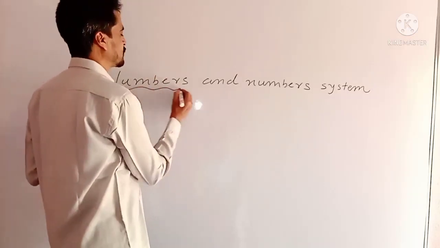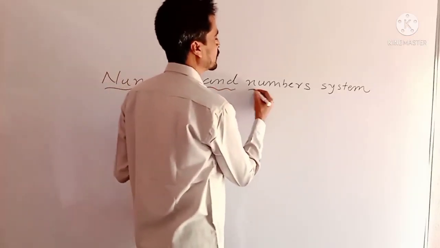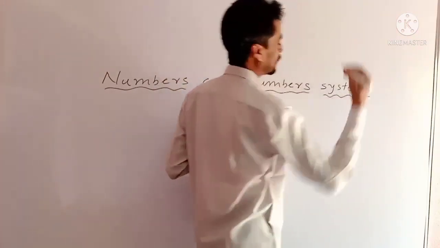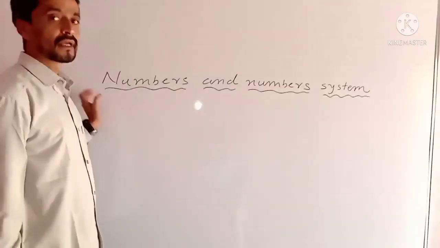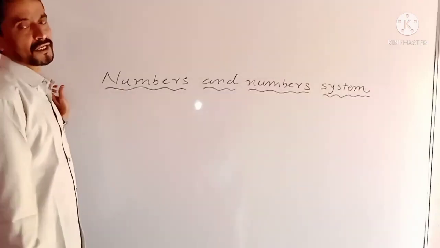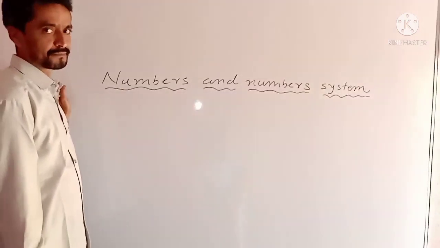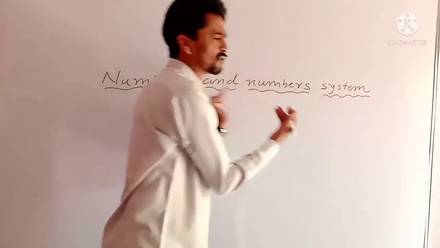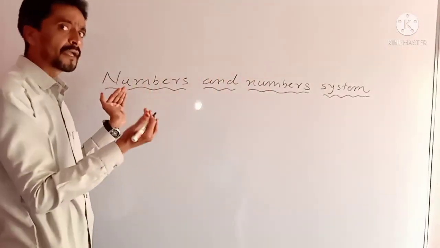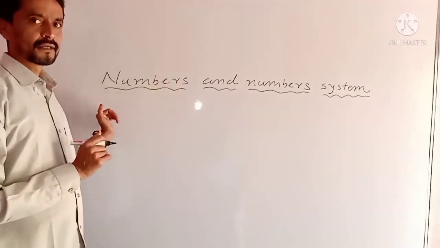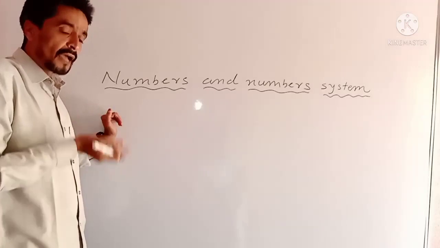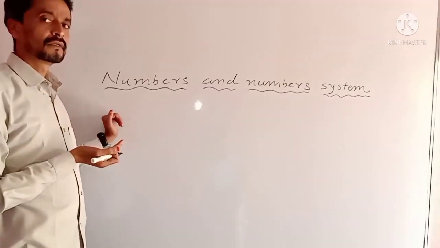This is the first chapter in mathematics for the Jawahar Navodaya Vidyalaya entrance examination for 6th standard. Numbers and number system. This chapter is formed by many basic points. Those basic points, once again I am going to repeat.